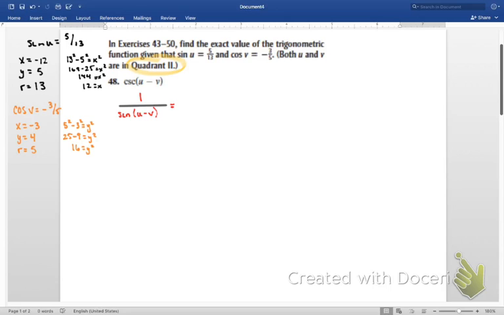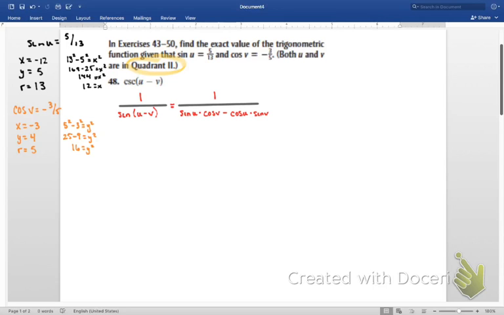I'm going to use my formula that I have for sine and the difference. So I'm going to have sine of u times cosine of v, minus cosine of u times sine of v. All of this is over 1.